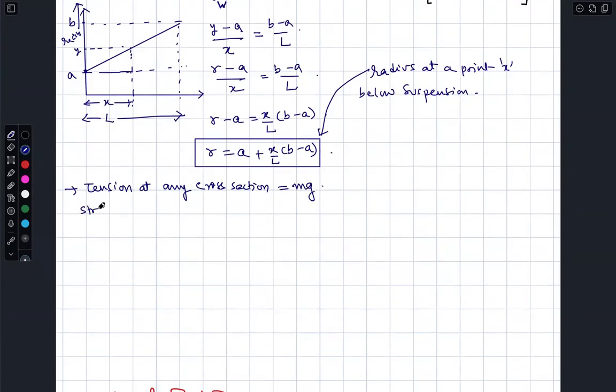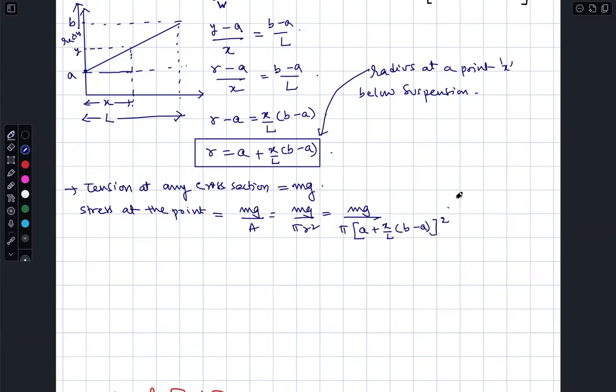Now, stress at the point is equal to mg by A, mg by pi r square, that is the stress at that point.